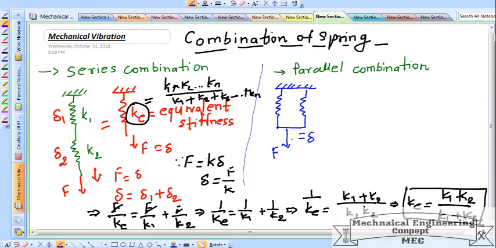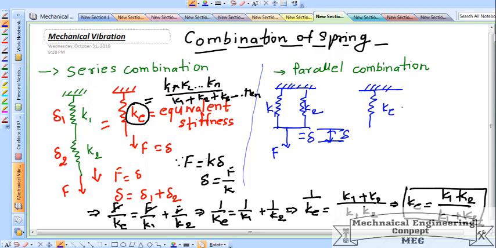The total deflection will be the same for both springs because it will move from here to here. So how do we calculate the equivalent spring? Suppose the initial spring has stiffness k1 and the final spring has stiffness k2, then this can be represented as this equivalent spring.